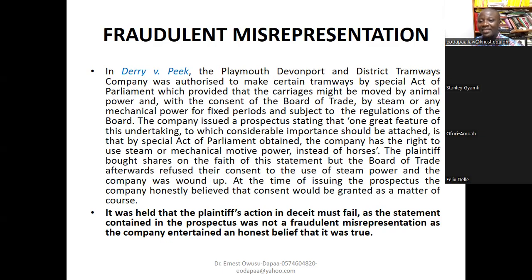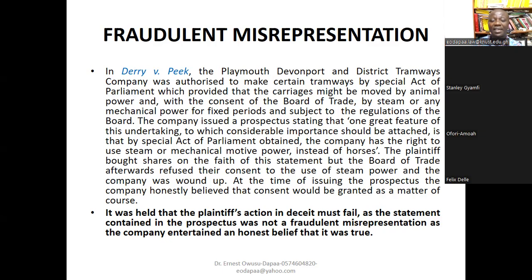And that statement is significant. What it means is that the company will be able to make more revenue, because if you are using steam or mechanical power, you can move more passengers and cargo around than if you are just using animal power. So that was the implication.